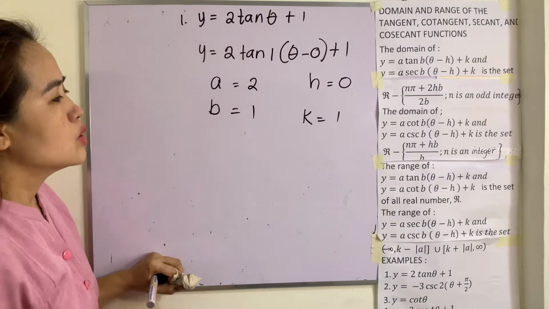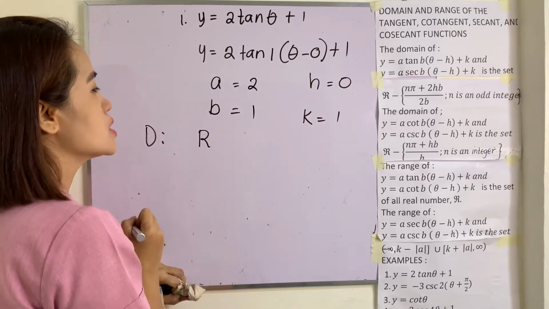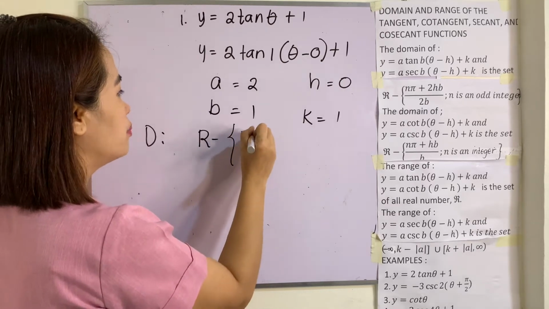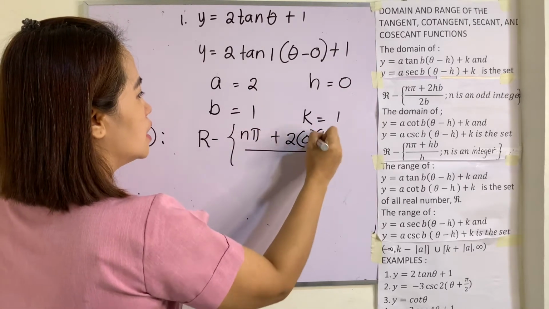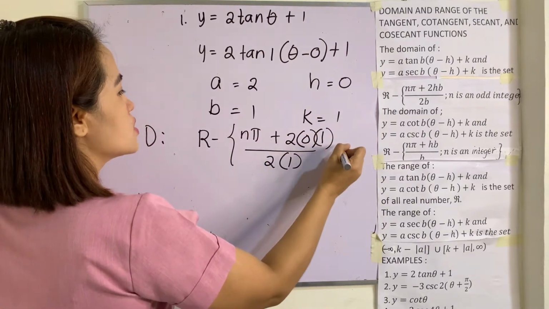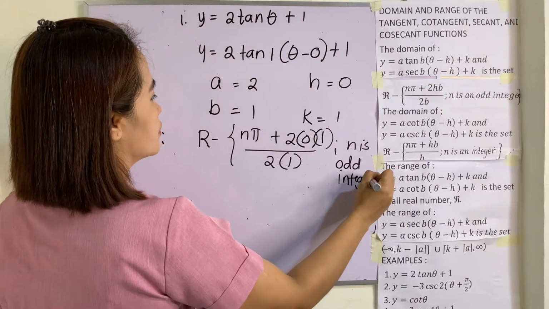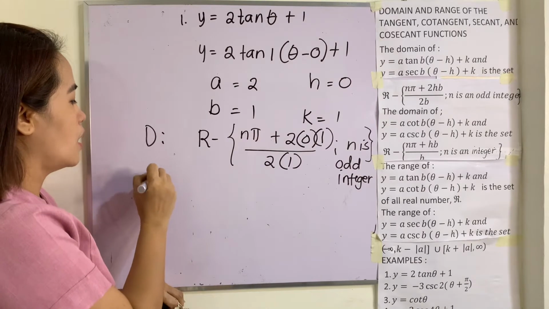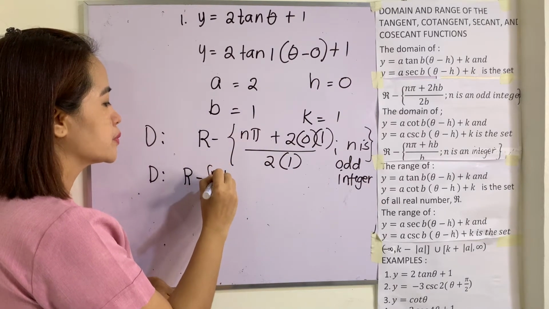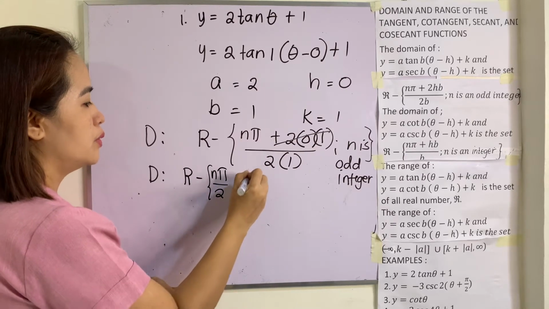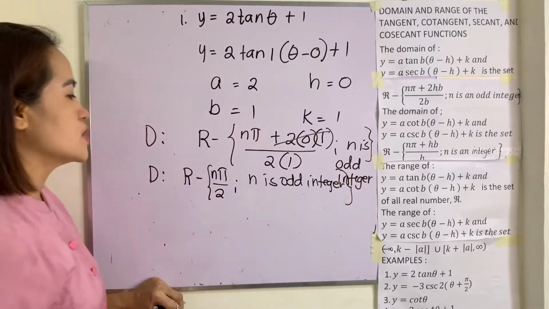Okay. So to find the domain, it says here that the domain will be the set of real numbers minus the set of nπ plus 2 times h, which is of course 0, times b, 1, divided by 2 times b, 1, where n is an odd integer. So our domain is the set of real numbers minus nπ, this is 0 over 2, where n is an odd integer.